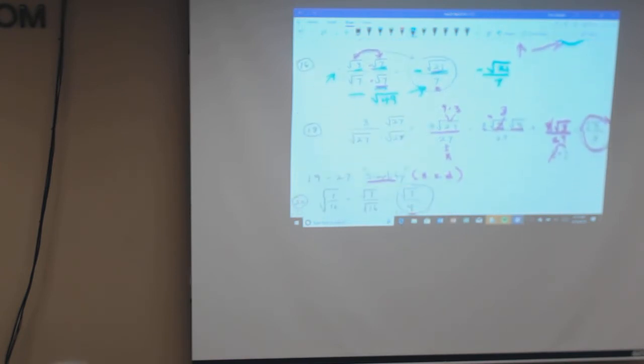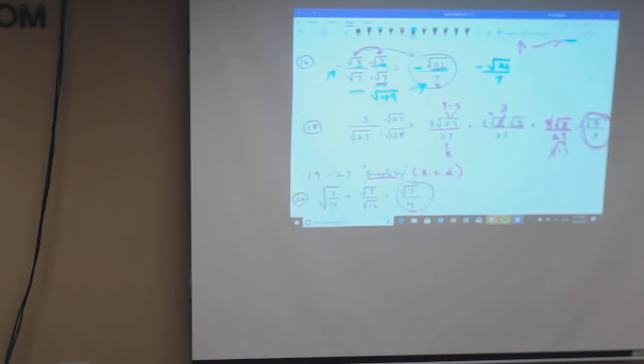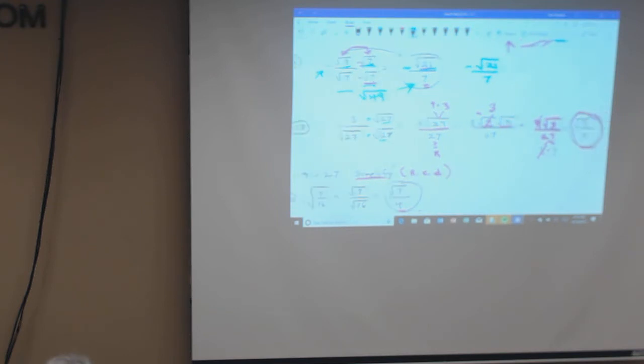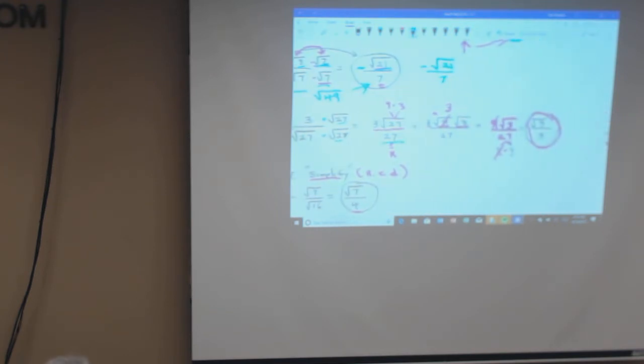Number 18, 3 over the square root of 27. So I just take the top and bottom times the square root of 27, and I get 27 underneath. And then I get 27 on top times 3. But can you make a factor tree for radical 27? 9 and 3.